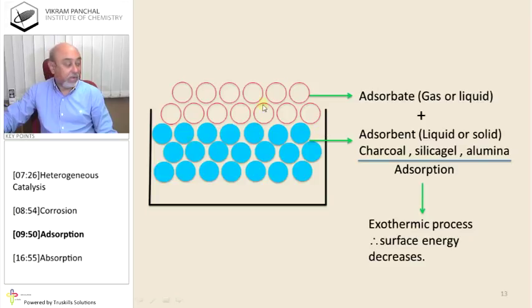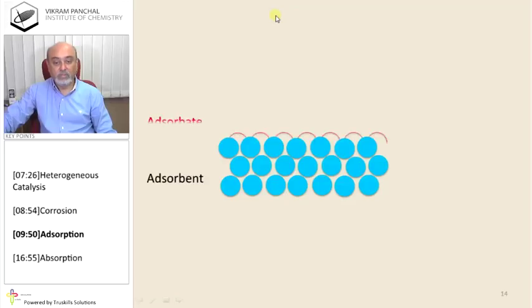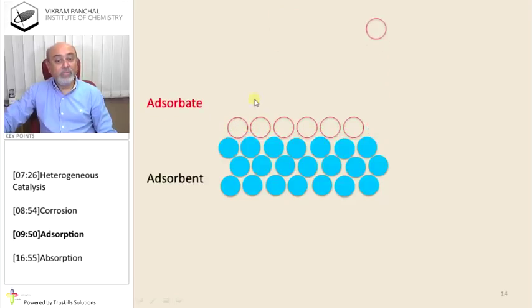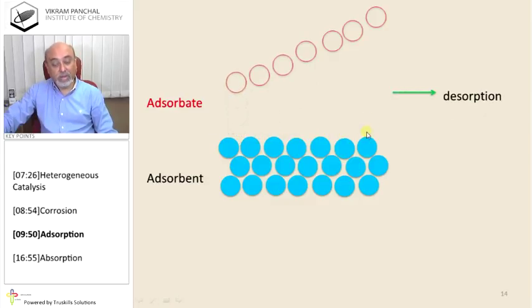So we can say that adsorption is a very important phenomenon which will reduce the surface energy, and therefore the surface becomes stable up to a certain extent. Once adsorption takes place, the adsorbate will be in a different physical state from the adsorbent, but these adsorbate molecules are not permanently on the surface of the adsorbent.